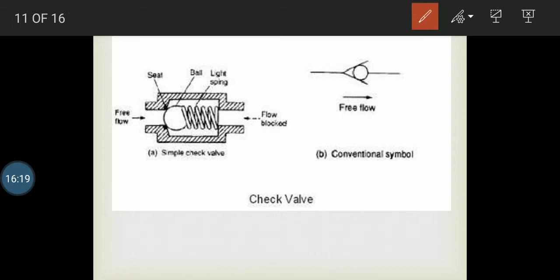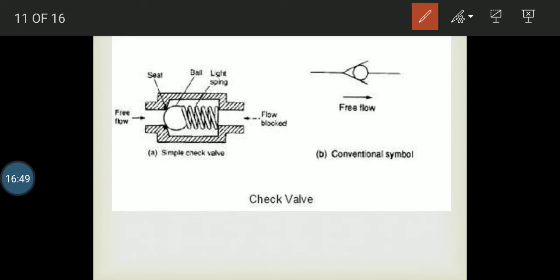See, this is the next topic related to check valve. Check valve is actually dealing with the system which blocks the flow for a particular period of time. Okay, suppose I am required to have a flow of 45 meter cube of discharge, so it will allow only 45 meter cube of discharge, or above that, not below 45, because we will set the tension in the spring as required.